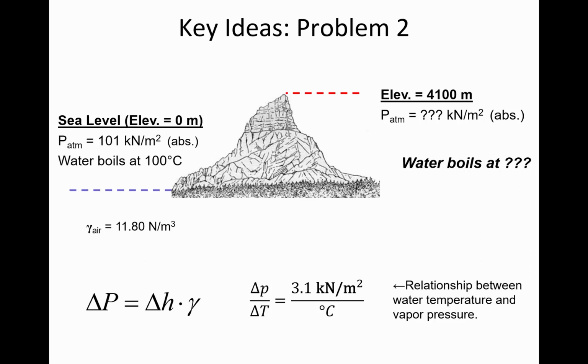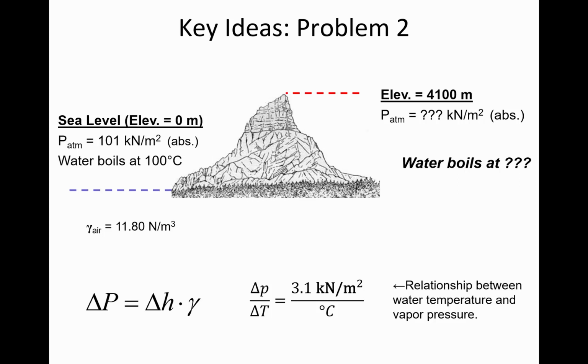But if I'm going to describe this as the relationship between water temperature and vapor pressure, then maybe that negative sign isn't helpful, because what we know is that at the higher elevation, the pressure will be lower and the boiling temperature will be lower. So you can use this relationship, and if you flip it, if you find the inverse, then it's going to tell you what the delta T is for a certain delta P.